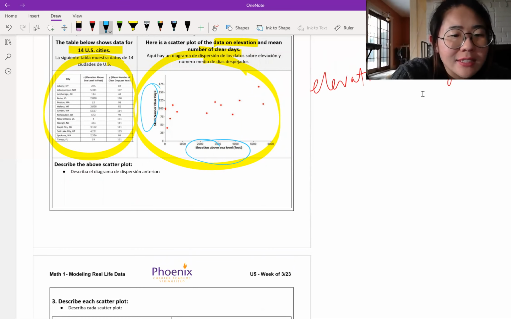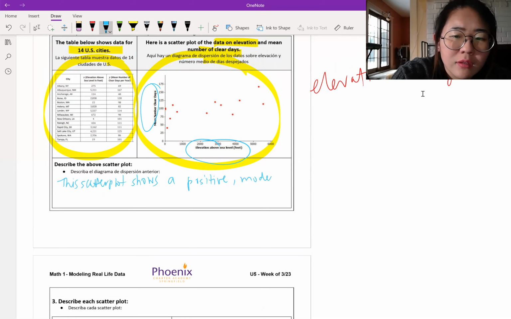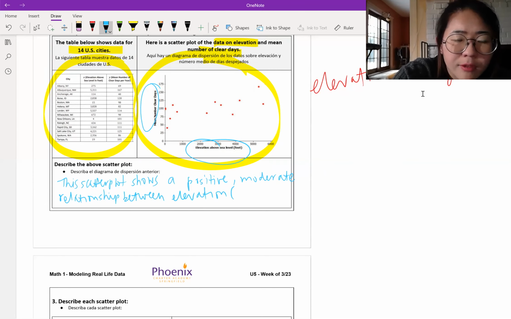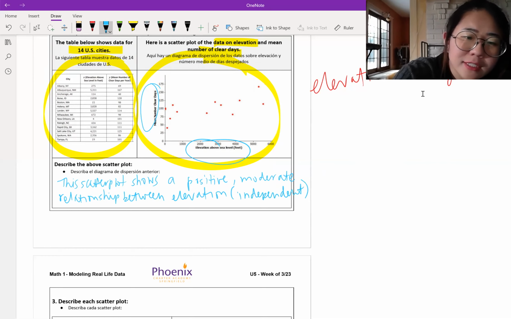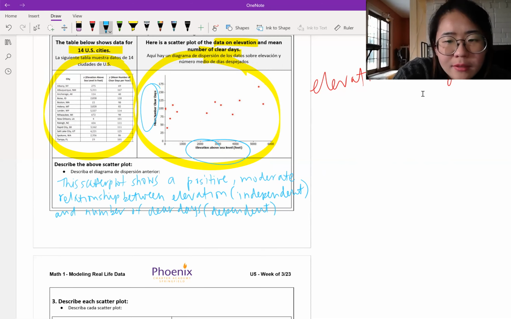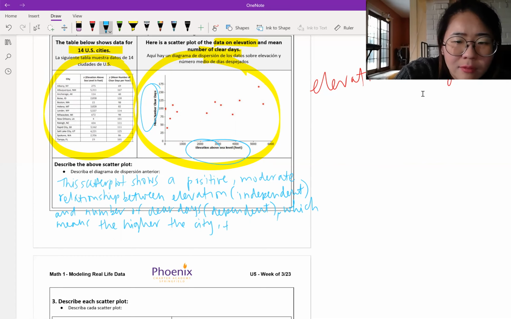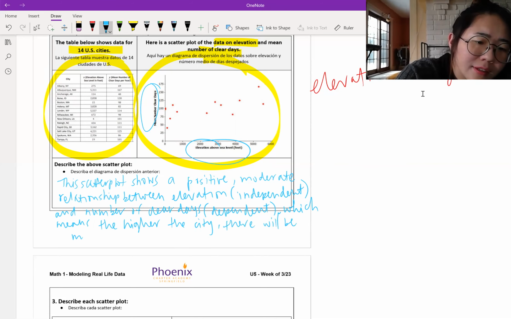I would say that this scatter plot shows a positive, moderate relationship between elevation, in parentheses independent, and number of clear days, which is your dependent, which means the higher the city, there will be more clear days.